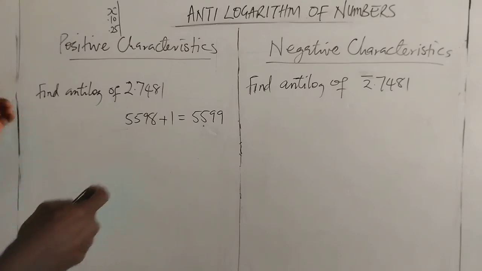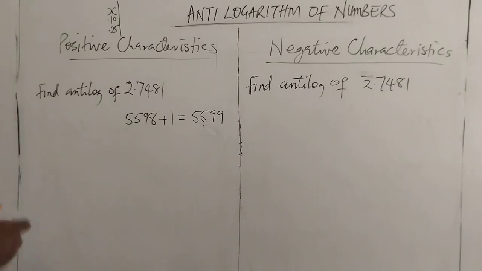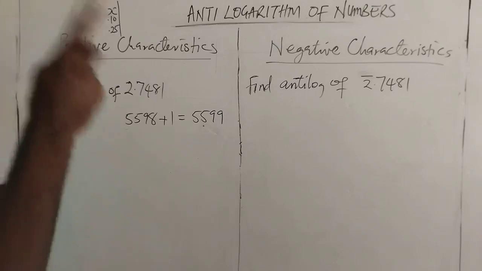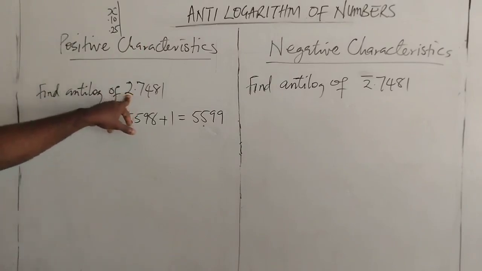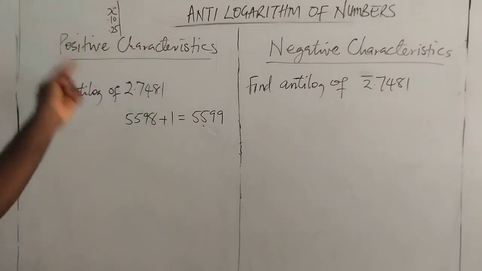Remember, what we did there was the number of digits of the integer part minus 1. That gave us the characteristic there. So here, because the characteristic is positive, we will reverse that move.